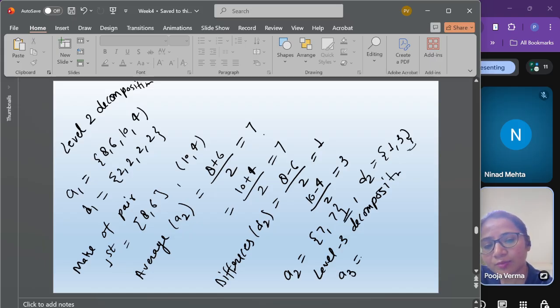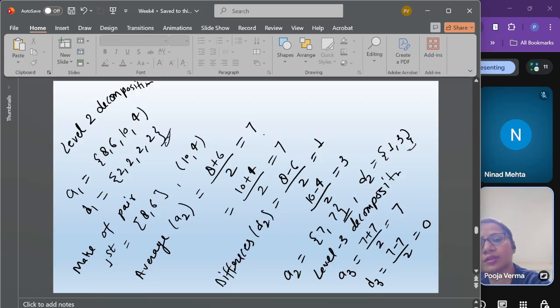For averages I am just writing A3. So 7 plus 7 divided by 2. So here again you will get 7, and for D3 you will get 7 minus 7 divided by 2, which is 0. Now if you find out for this one also, so you will get some values 2, 2 again, and 0, 0, right? For the differences.